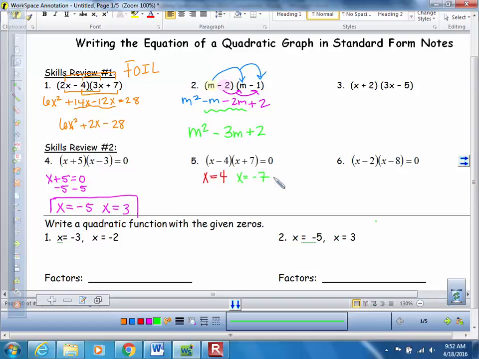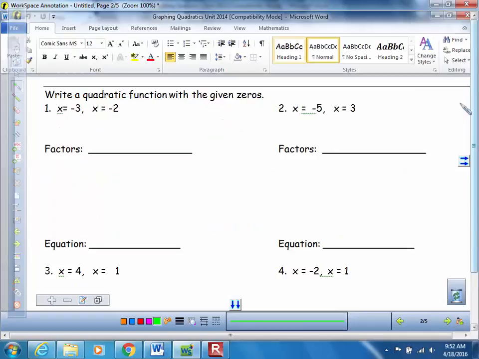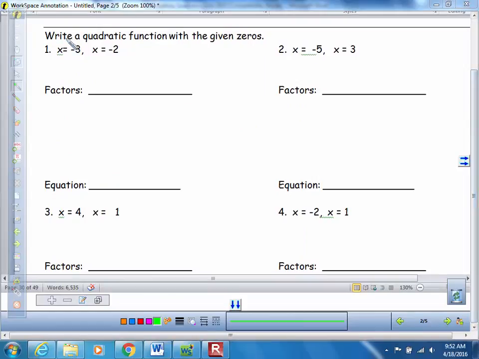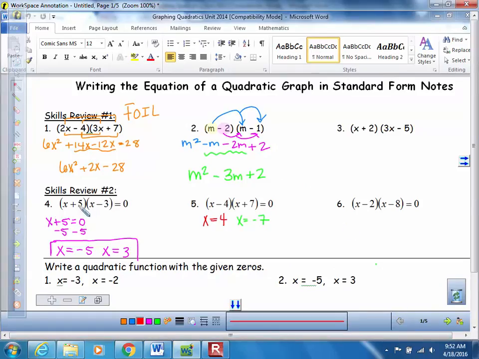So let's try writing a quadratic function when it gives me the zeros. So in number 1, they give me x equals -3 and x equals -2. So the first thing we want to do is write down the factors. So let's go back really quick. These were factors, x plus 5, x minus 3.